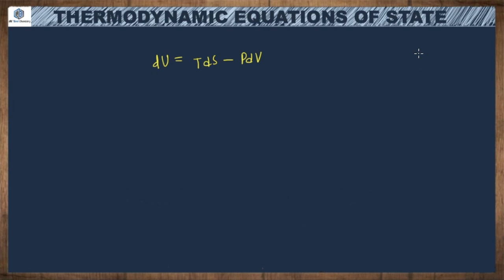Now let's continue with our particular part. Basically, how it has been derived is, first of all, you differentiate this equation with respect to V, keeping T as constant. Means the temperature is kept constant and you are differentiating with respect to volume.